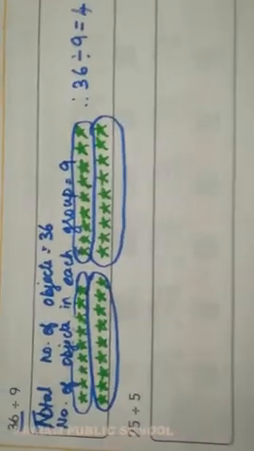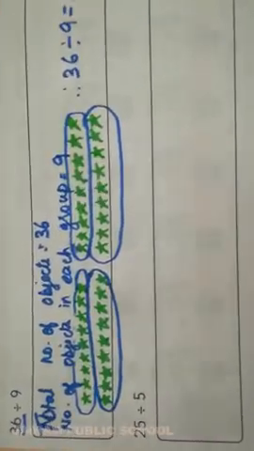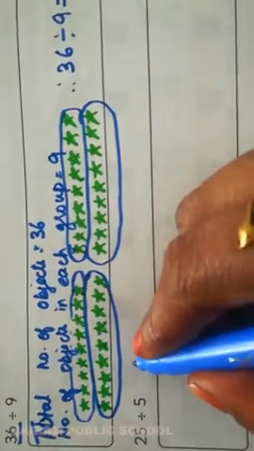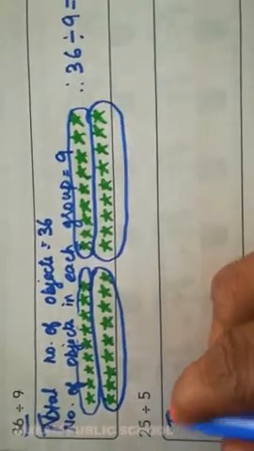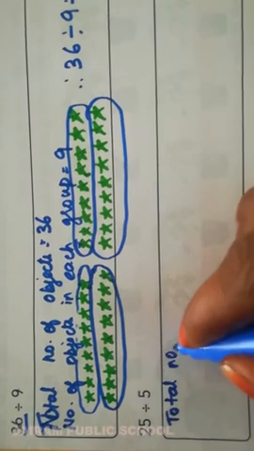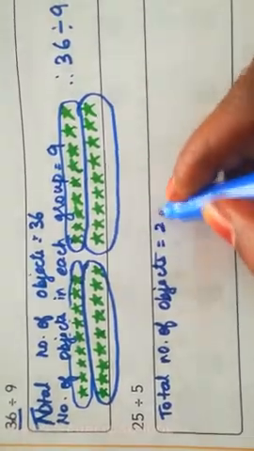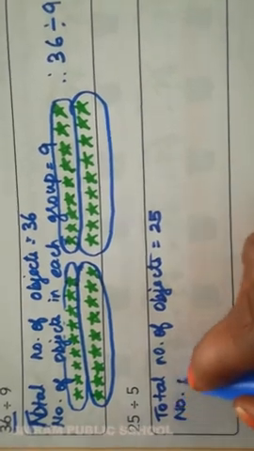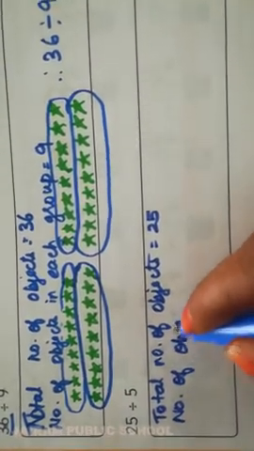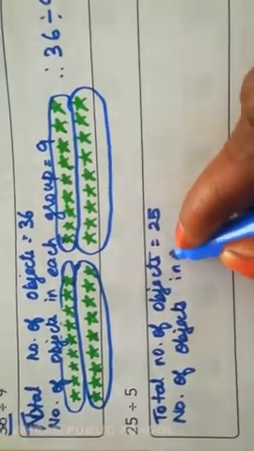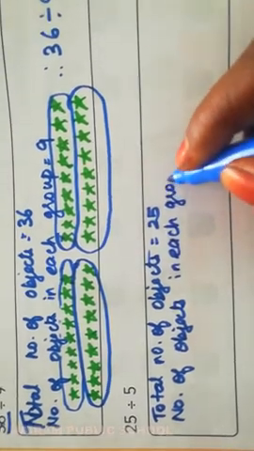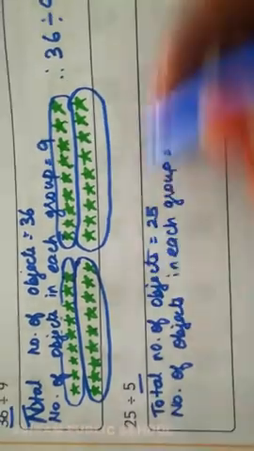Second question, 25 divided by 5. Now, we have to write the total number of objects. Total number of objects equal to 25. Number of objects in each group equal to, see here, 5.